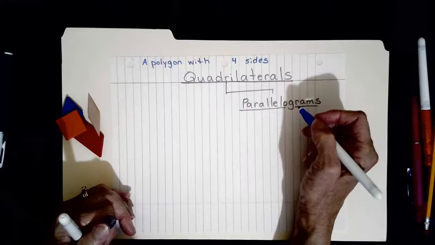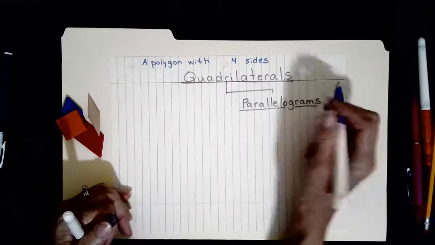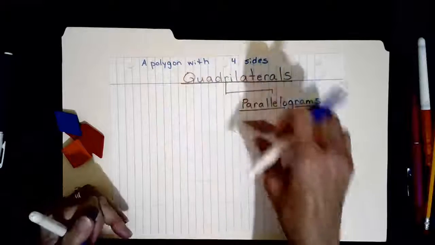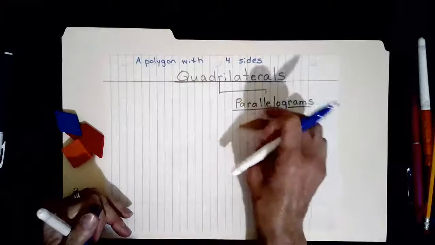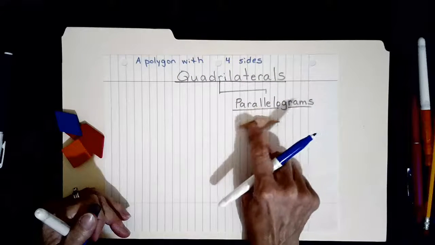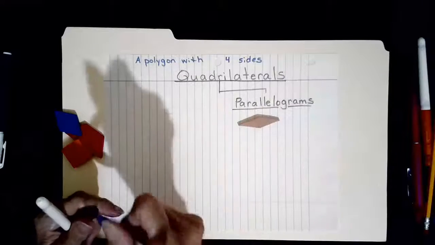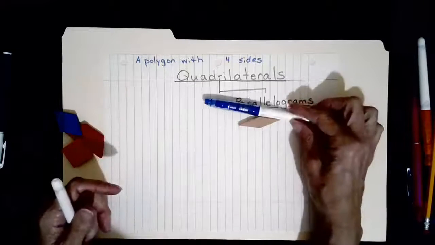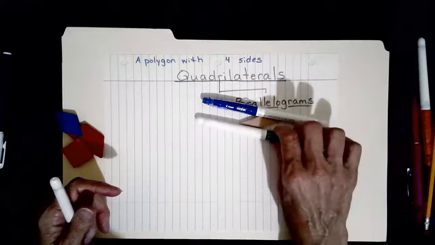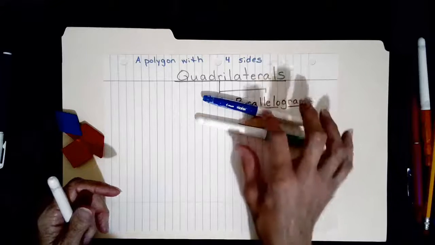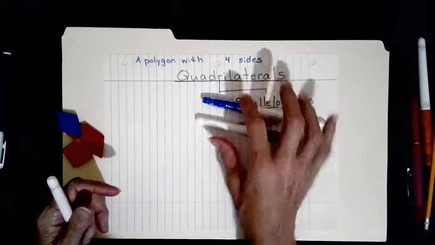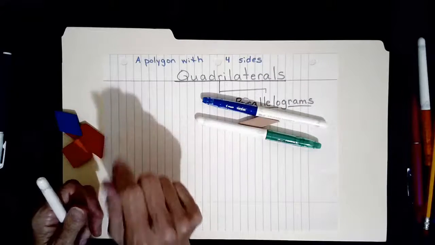All right, so let's see, what's an example of a parallelogram? Well, this is a parallelogram. So you'll see that the opposite sides are the same length and they're parallel. Remember, parallel means that if they continued on and on, these two lines, if we continued the lines out, would never cross. They would never meet.